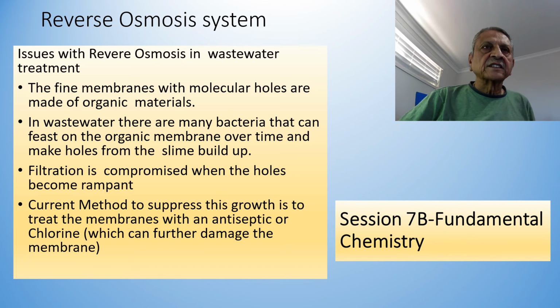So filtration is severely compromised when the holes become rampant. Therefore, it is important to ensure that we maintain the membrane regularly and suppress the growth of bacteria that will attack the organic membrane.